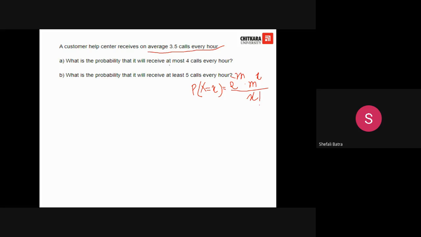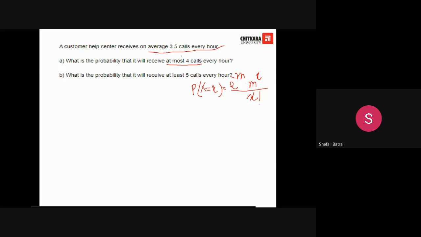It will receive at most 4 calls every hour. So what is the meaning of this? At most, what is the meaning of at most 4?